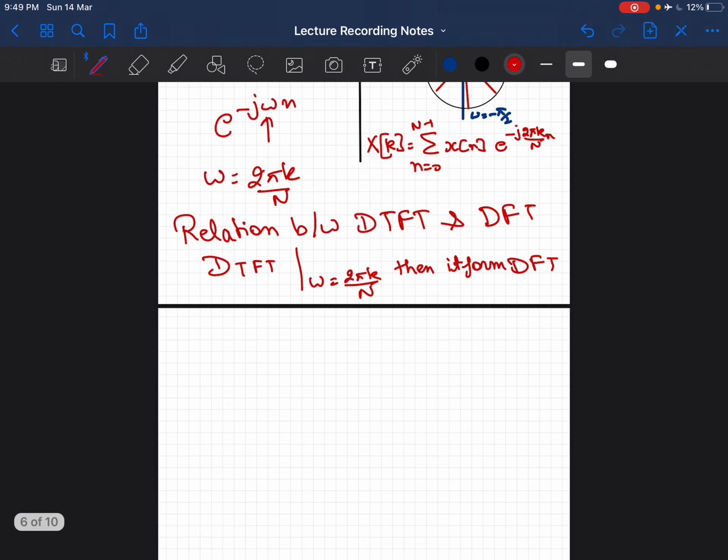Similarly, for recovering back from the discrete Fourier transform, what all pairs I have? I forgot to mention the limit of k, 0 to N minus 1. Always remember class, you cannot forget to mention this limit where k is. So you need to remember the two formulas in their very true form.